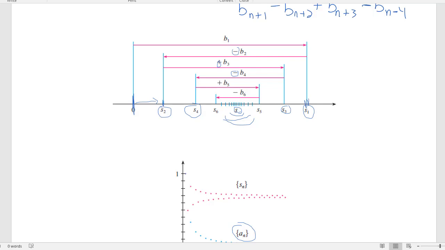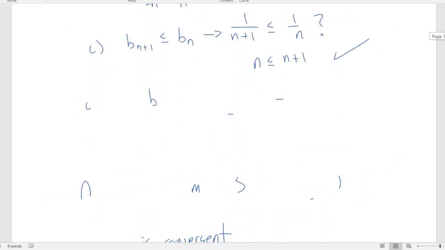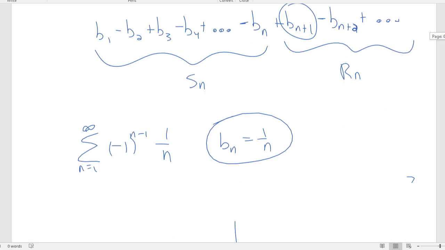If you think about the infinite sum S being right smack in the middle, if the last term was added, I'm going to be above the actual sum. It's going to be an overestimate. And if the last term in my estimation was negative, it was subtracted, I'm going to be below. I'm going to have an underestimate of my sum.